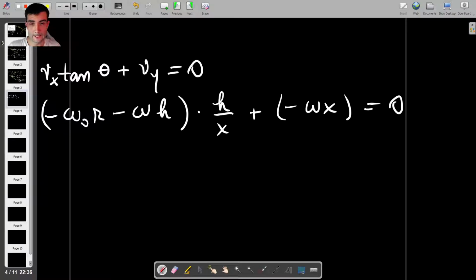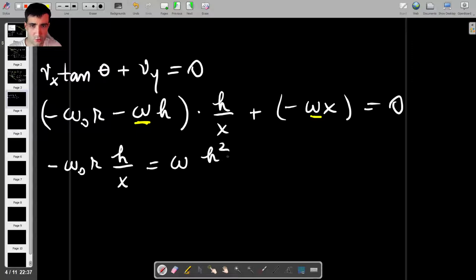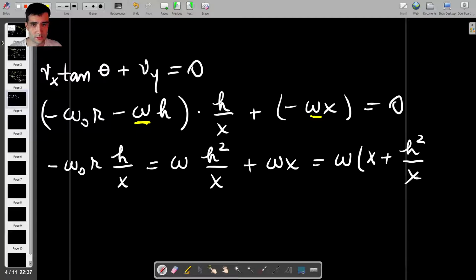Okay, and from here we can easily find out what omega is, because this is one equation with one unknown, right? This omega is the only thing we don't know. So let's actually try to solve it by putting all the omegas on one side. So I'm going to leave the minus omega naught r here. So this is going to be times h over x, which means that everything goes to the right. So on the right, I'm going to have omega h squared over x plus omega x. In other words, if I factorize omega, that's going to be x plus h squared over x.